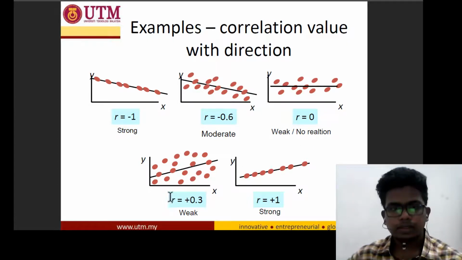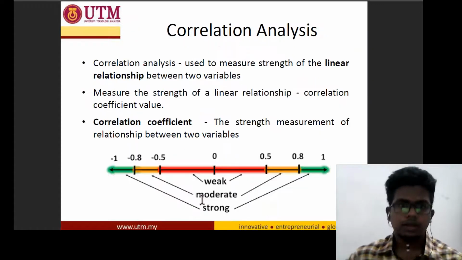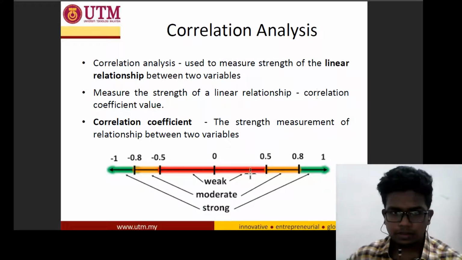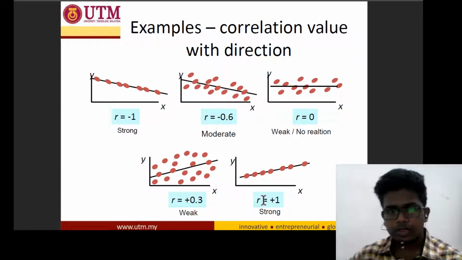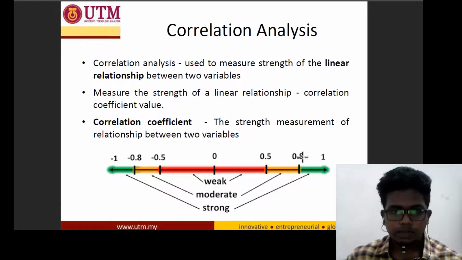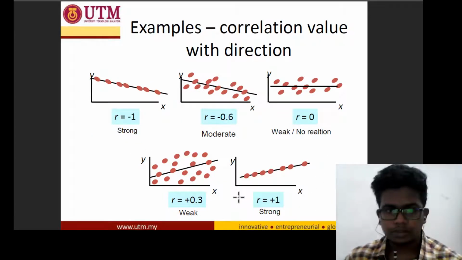Then here r equals plus 0.3, so though there is a relation, it is weak because it stays in this range. And like this there is r equals plus 1, so it is much higher. It's a plus, so it is a strong relationship.